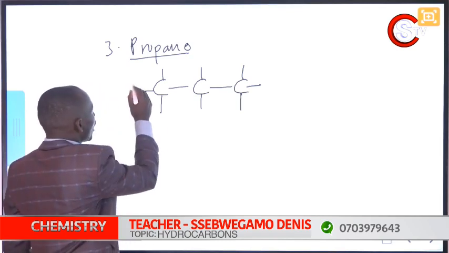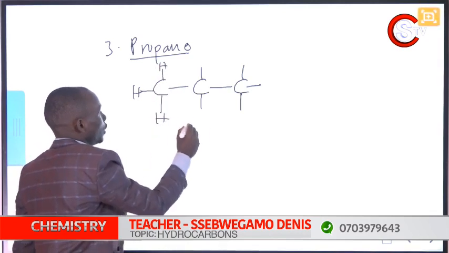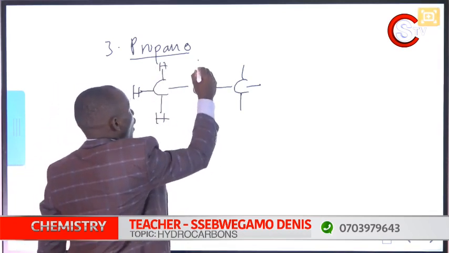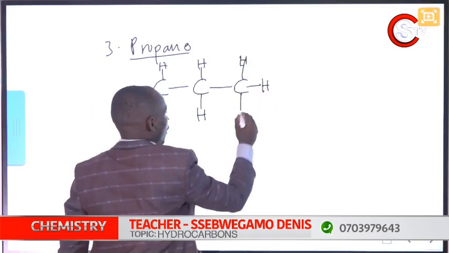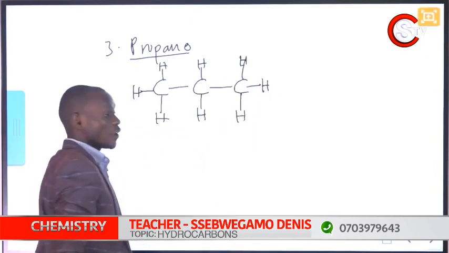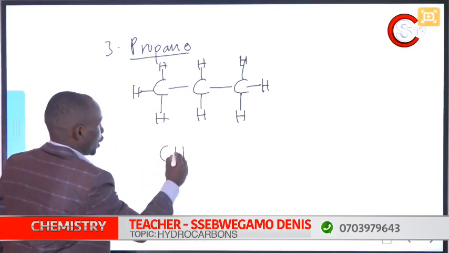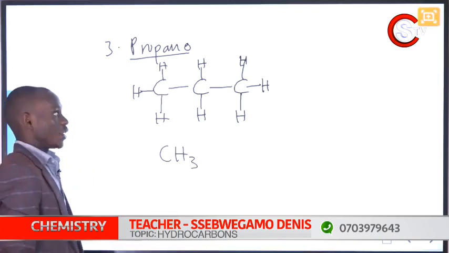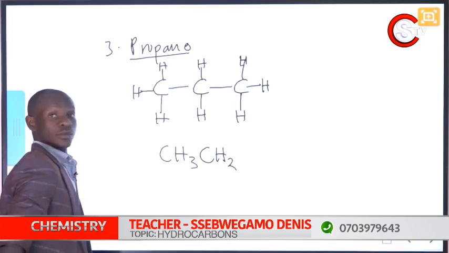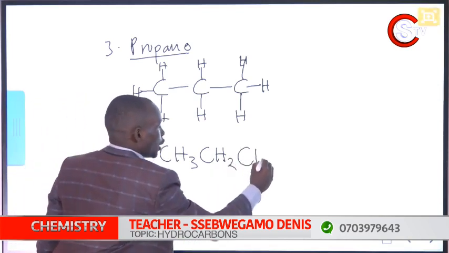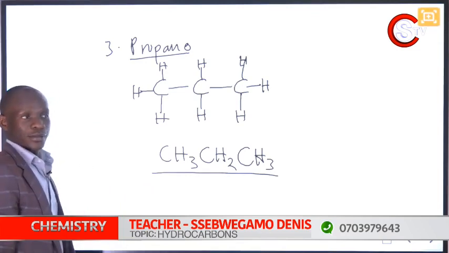So this carbon atom, I'm connecting it to hydrogen, hydrogen, hydrogen, and so on. So if I condense this structure, I'll be having CH3, CH2, then CH3. So this one becomes my propane.